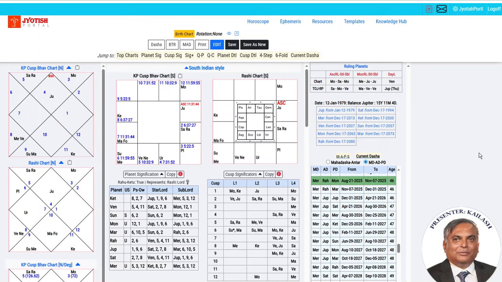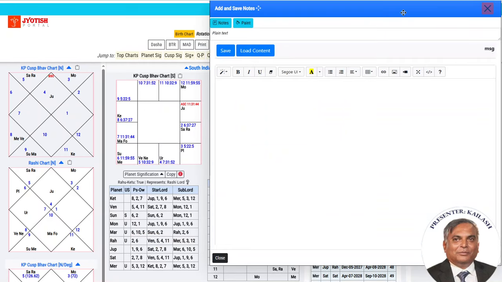However, to my surprise, when I looked at the Rahu signification, I could not correlate the signification with a bad financial phase.